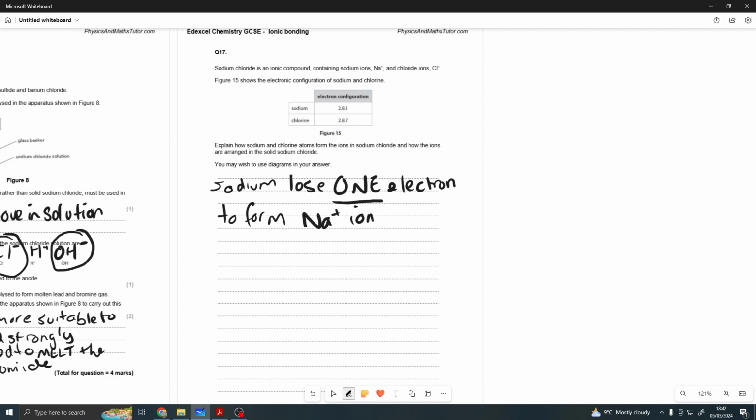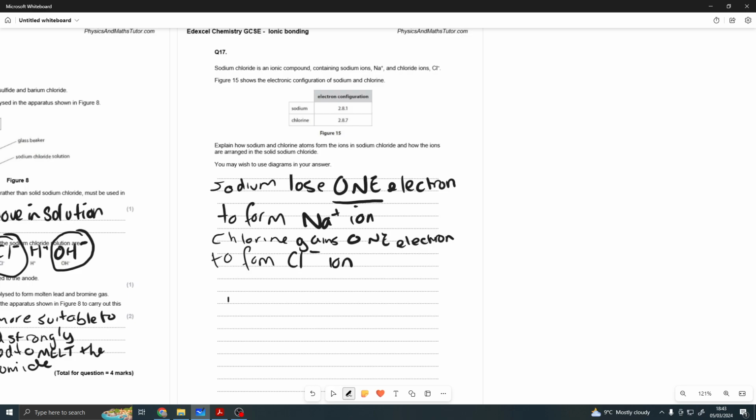Brilliant. Now, chlorine gains. How many does it gain? 1 electron to form Cl minus ion.